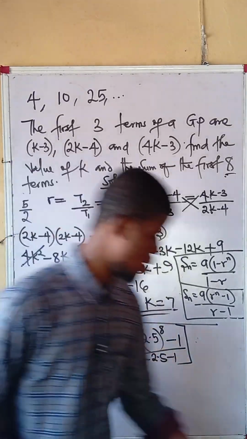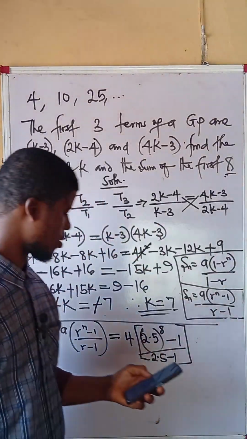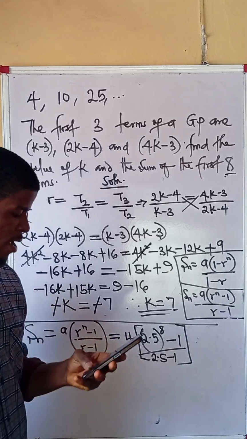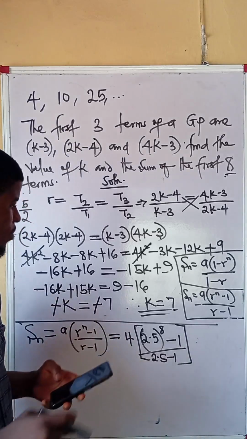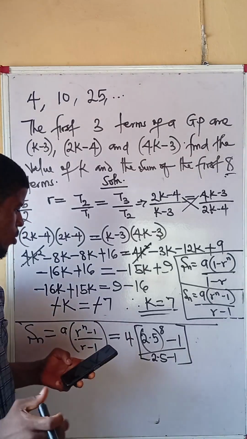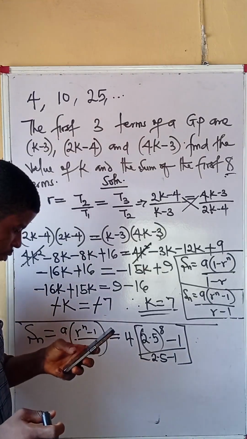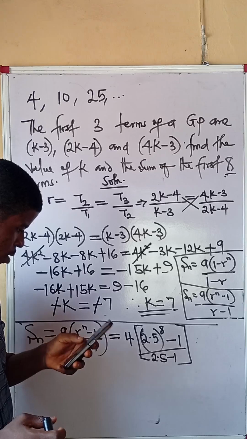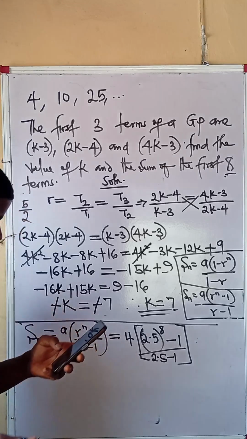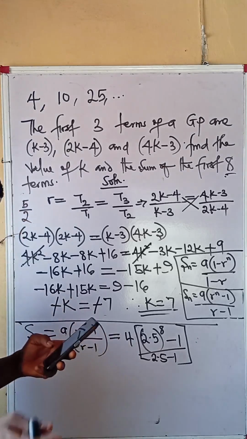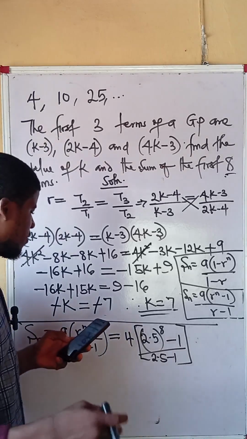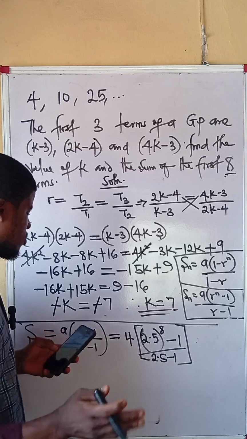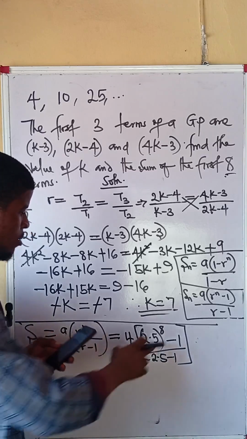So let's evaluate. Let me have my calculator. First of all, 2.5 raised to the power of 8. Oh, that's a big number. 1525.8789065. Then minus 1.